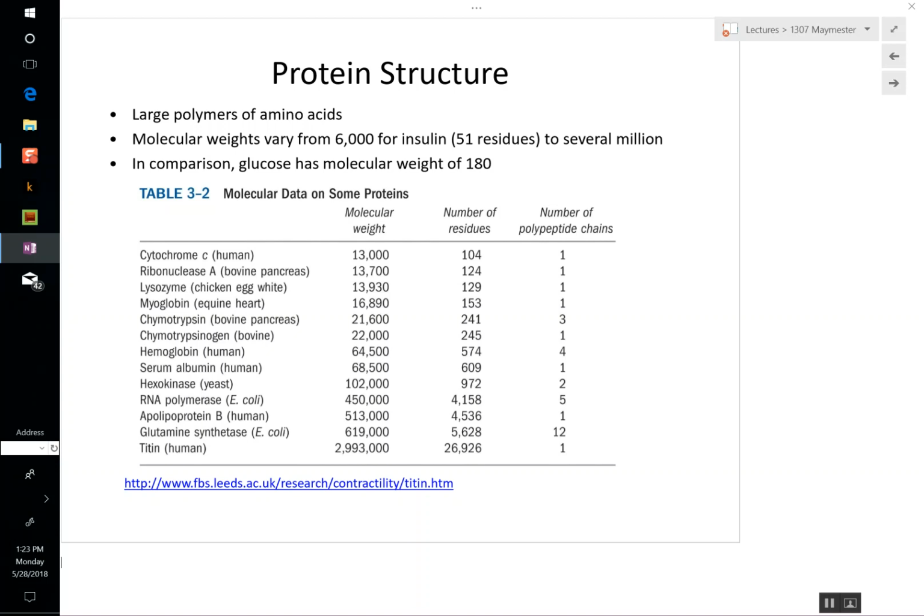Your last word has 26,000 letters in it. And they have to be in the right order for it to be spelled properly. When your body needs that protein, that's what it's doing. It's spelling that word perfectly. 26,926 amino acids in the right order.